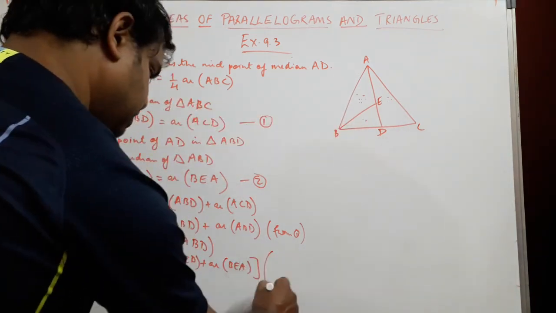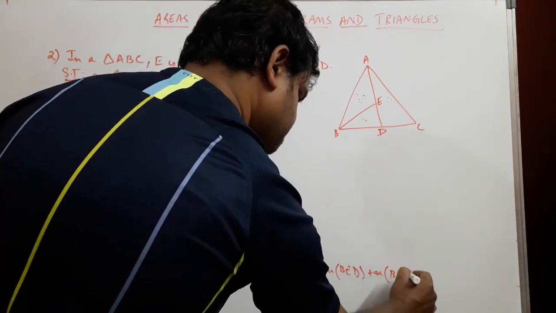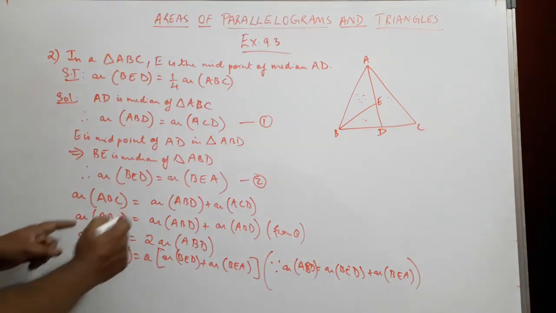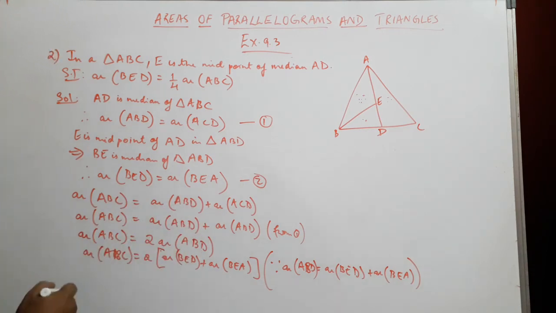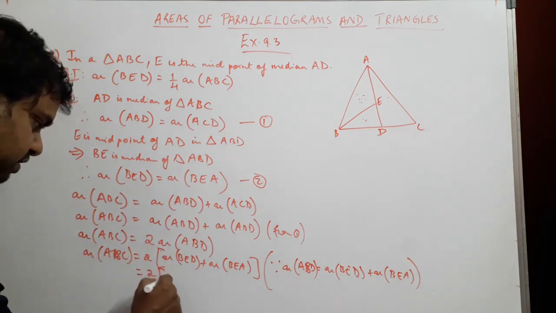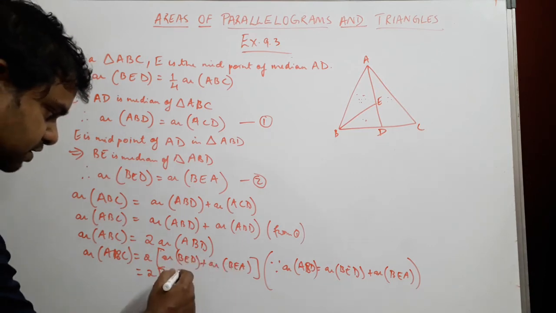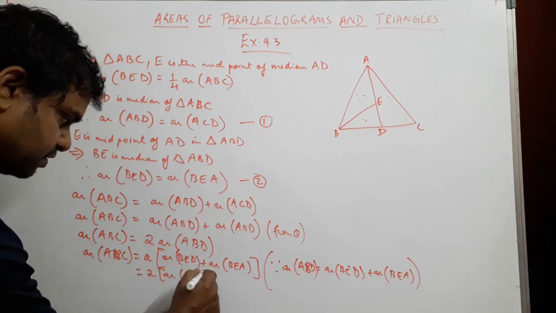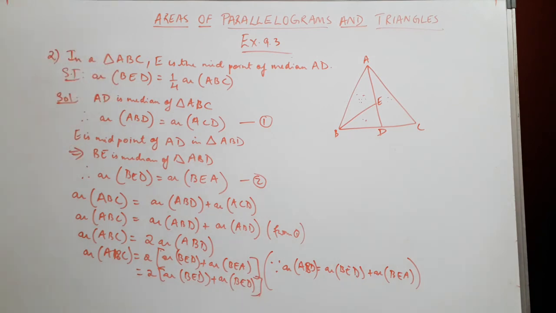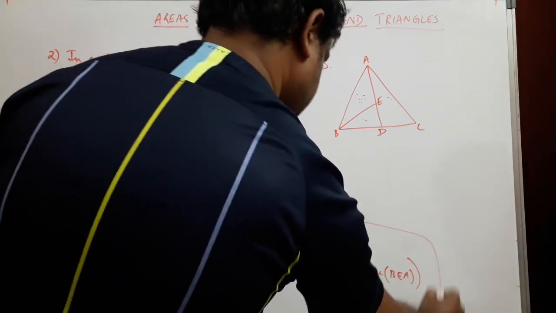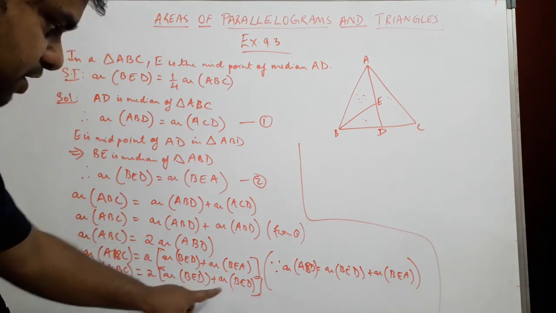We know that area of triangle BEA is equal to area of triangle BED. So what I'll do is 2 times area of, instead of BEA, I'll put BED, plus area of BED. So we've got area of triangle BED, area of triangle BED again, so 1 plus 1, this will become 2.